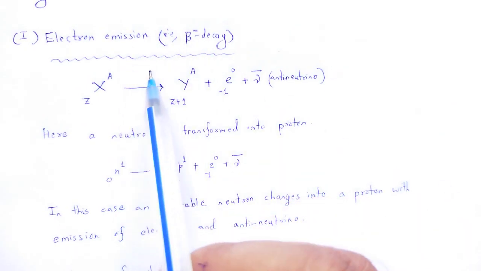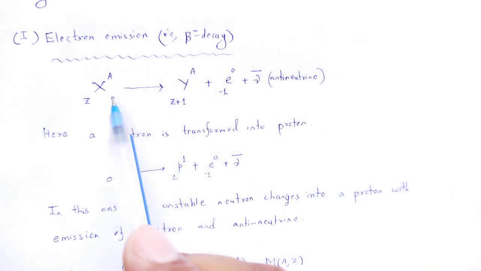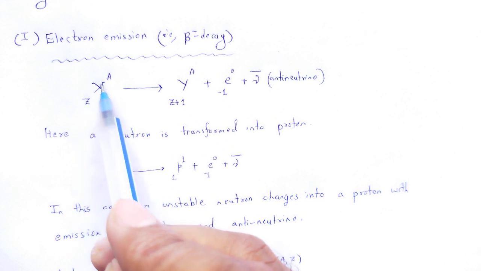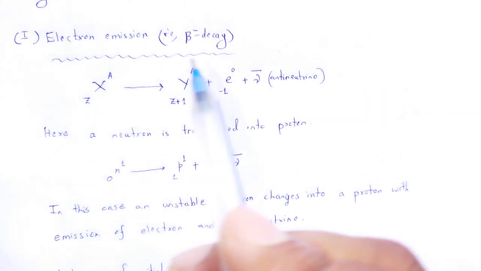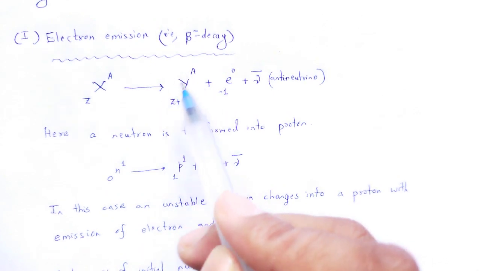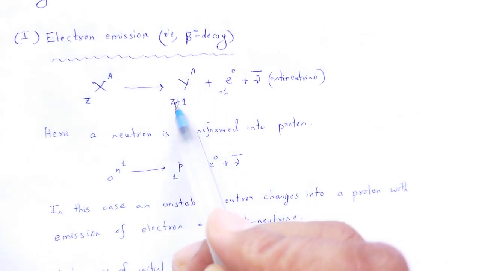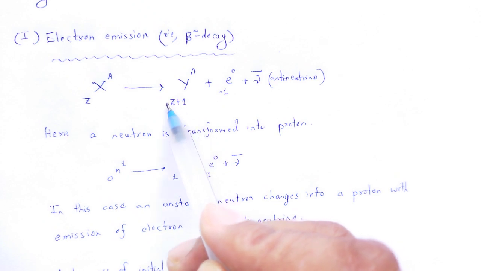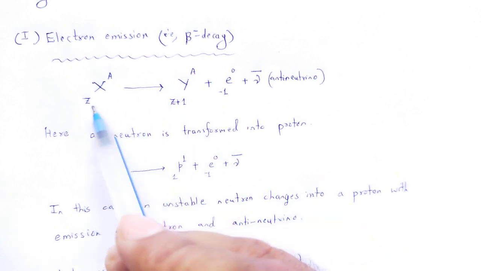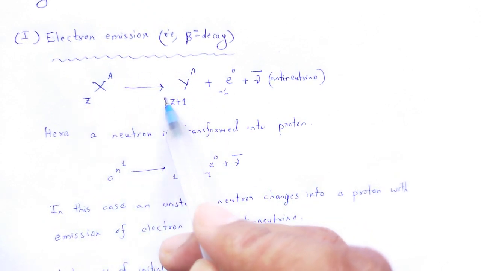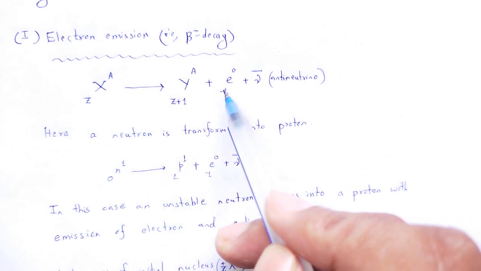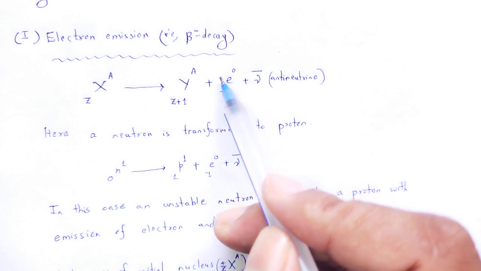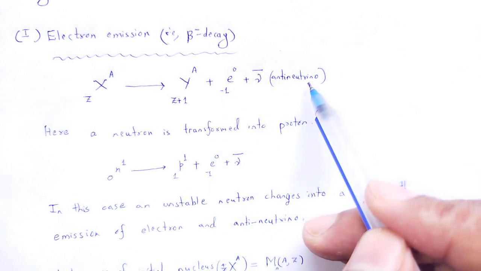First, electron emission, beta minus decay. See the initial nucleus Z A, the daughter nucleus Z plus 1 A: the mass number is the same and the atomic number is increased by 1 unit. Electron, antineutrino.